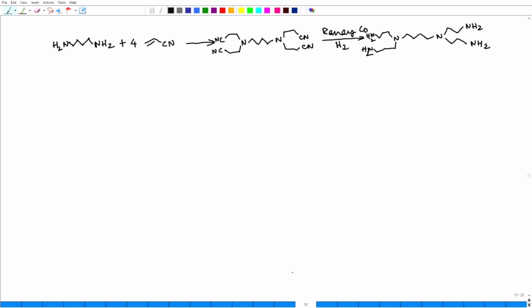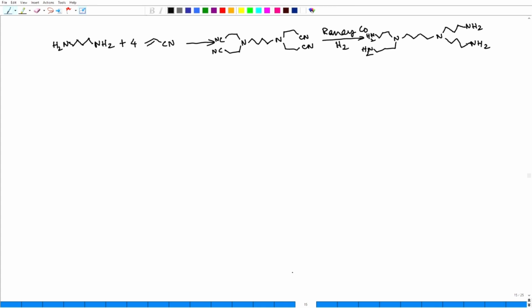So, cyanide becomes CH2NH2 and then these two. So, there are 3 carbons. How come there are 2? This is 1, 2, 3, this 1, 2, 3.